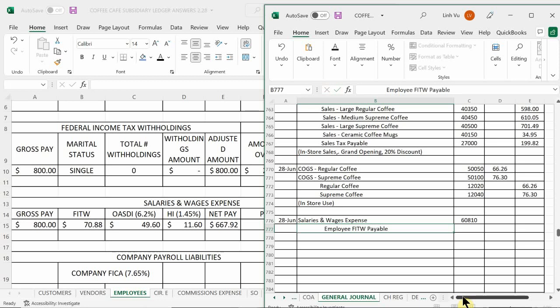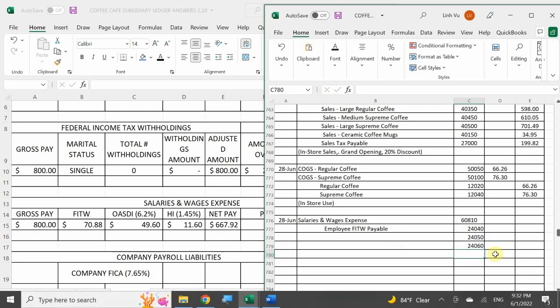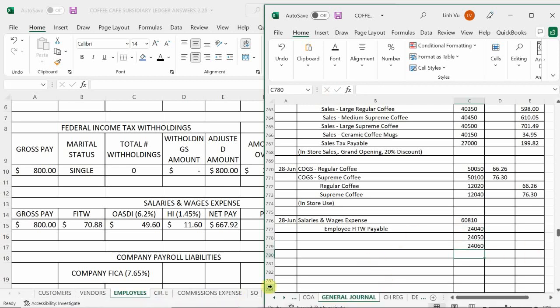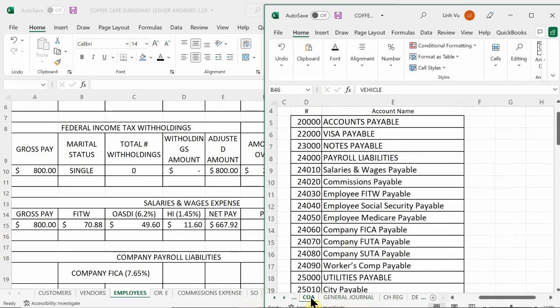Account number 2440, 2450, 2460. Okay. Wait, actually I think it was 2430. Let's double check my chart of accounts. Employee FITW is 2430.